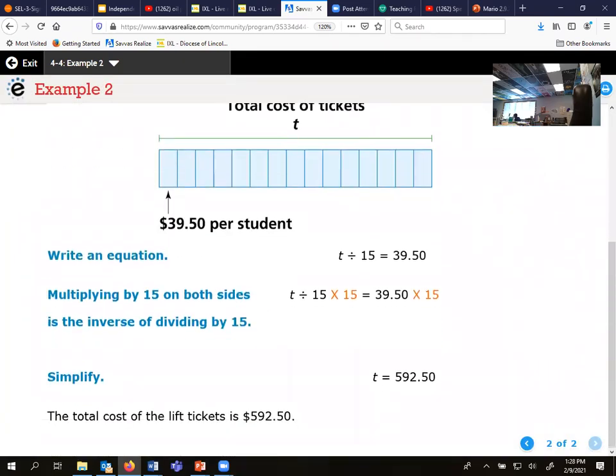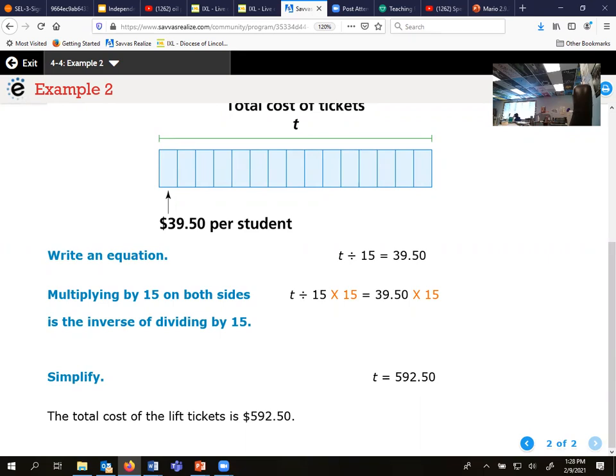If we take the total cost and divide it by 15, we should get $39.50. We want to get rid of this divided by 15, so we need to do the inverse of it. What is the opposite or inverse of dividing?